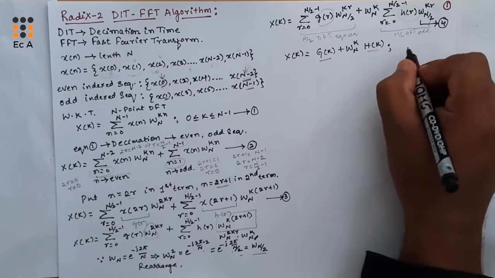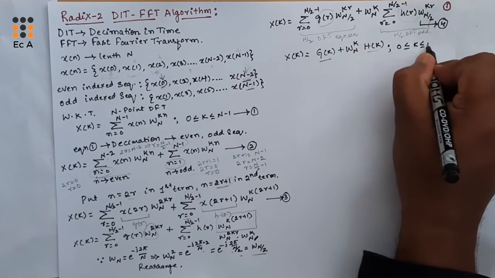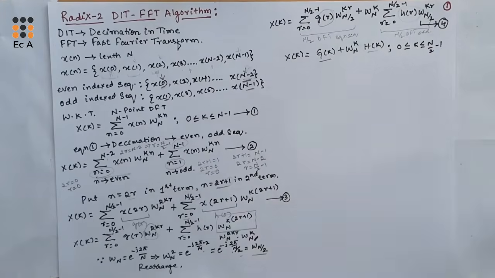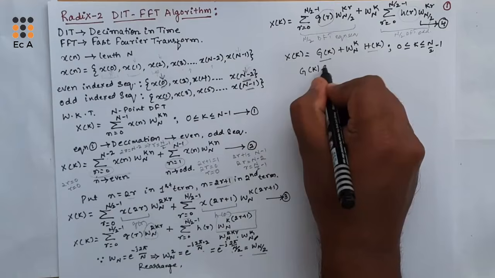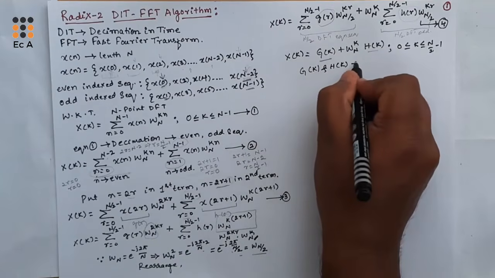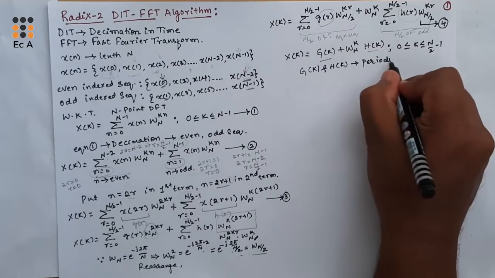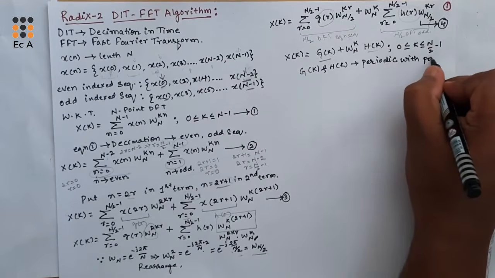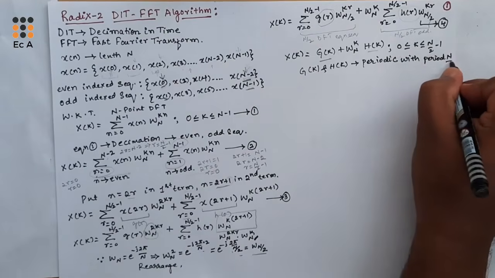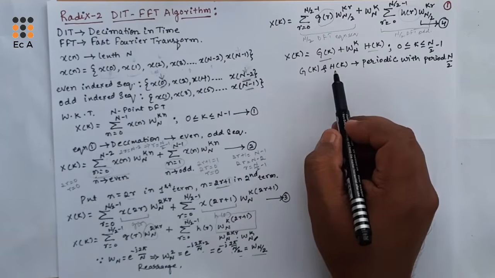Here the value of k ranges from 0 to N by 2 minus 1. Both G of k and H of k are periodic signals with period N by 2.